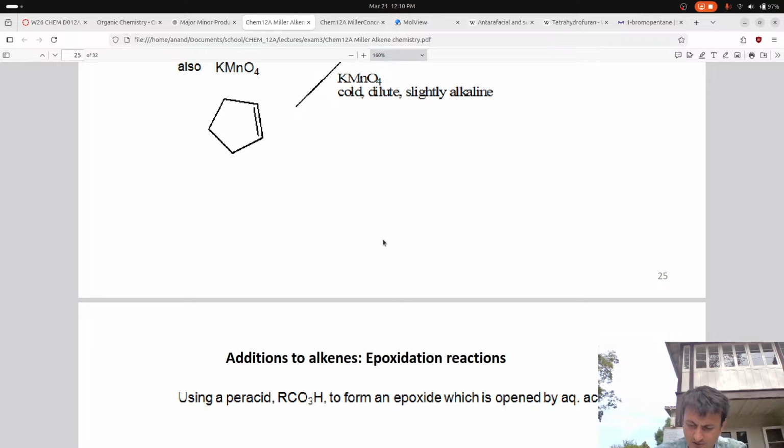Wait. There's hydrohalogenation, but then there's also halohydration. They are two separate things.